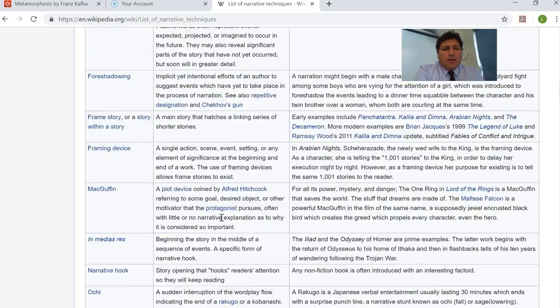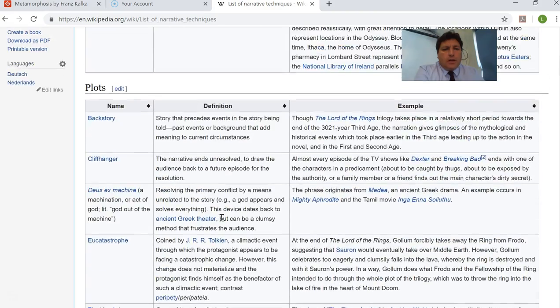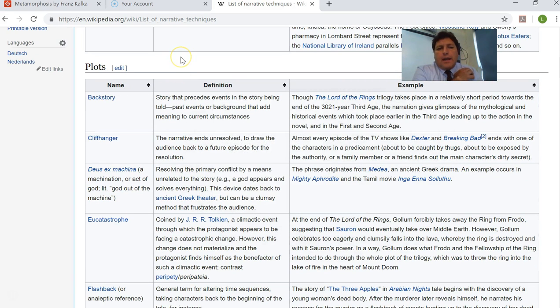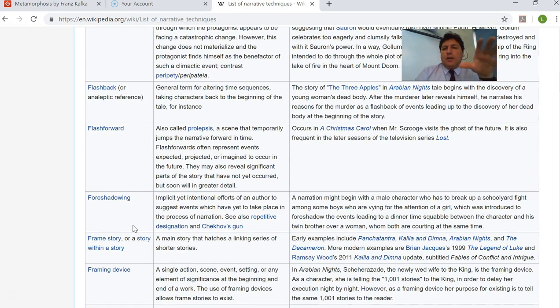Perspective, this one here, which is great. Things that happen in plots. What a wonderful little category, because it's not just telling us the different types of story, but different things you can do inside of a plot. So that's a really, really good section to have a look at. What I want you to do, of course, is unpack that from the page that I've put up on the LMS for you.